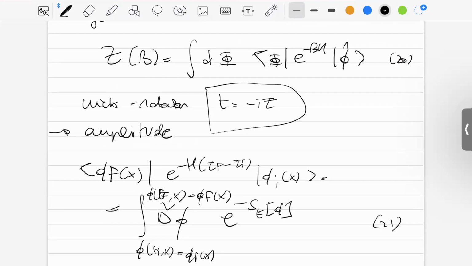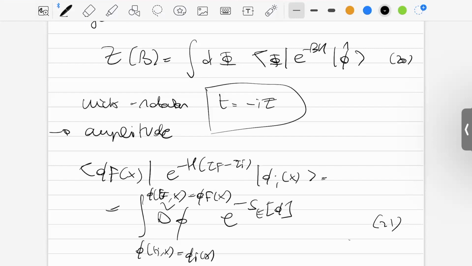Now if we make the identification beta equal tau_f minus tau_i, which means that time is periodic, then we can use 21 to compute 20.